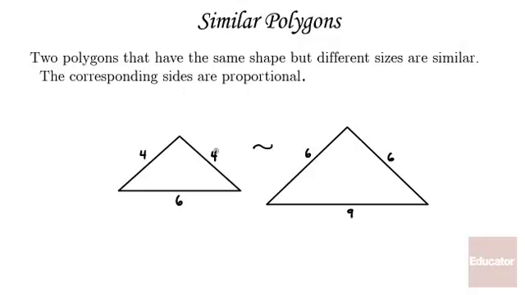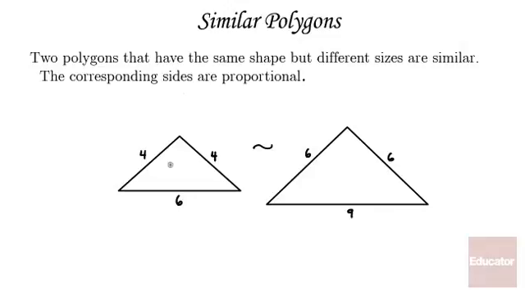Corresponding just means the sides that are related to each other. So this side and this side are called corresponding sides. It means that this side and this side are like the same. Okay, they're being compared to each other. Same thing here. This side with this side, and this long side with this long side, right?